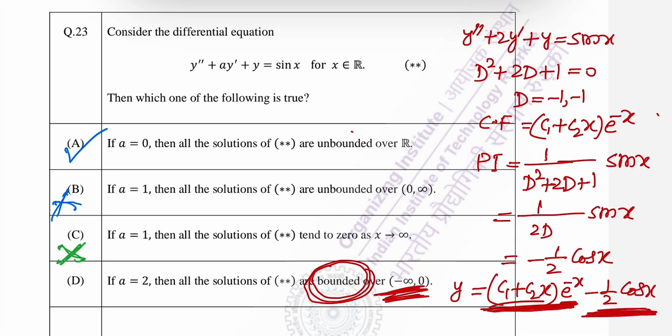This part, minus half cos x, is bounded, it is okay, but this will not be a bounded function, because e to the power minus x will be a very large number. Here also there is x, and at the place of this x you also place minus infinity. Then you are not getting a finite number; there will be a large number, and so it is unbounded. But option D says that it is bounded, so D is an incorrect option. So the option to be marked is A.